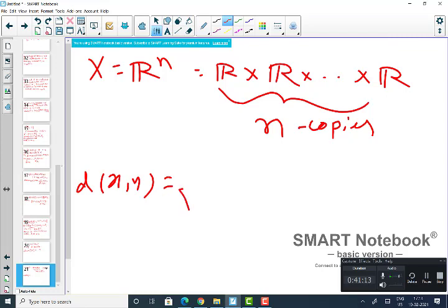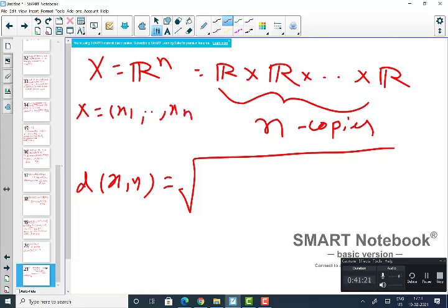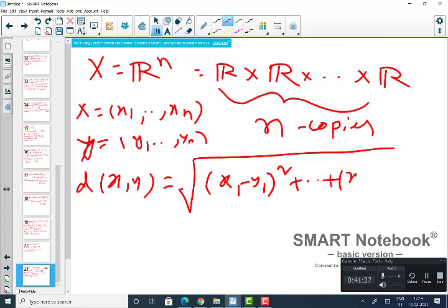the square root of. Okay, so inside this, you choose 2 points, x = (x1, ..., xn) and y = (y1, ..., yn). Then what will the distance be? The Euclidean distance will be (x1 minus y1) whole squared, and so on, up to (xn minus yn) whole squared, and then take the square root.